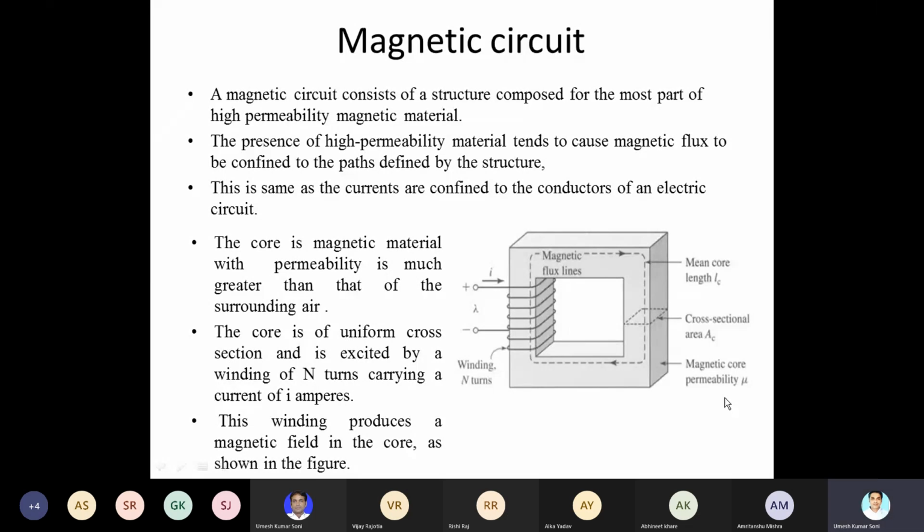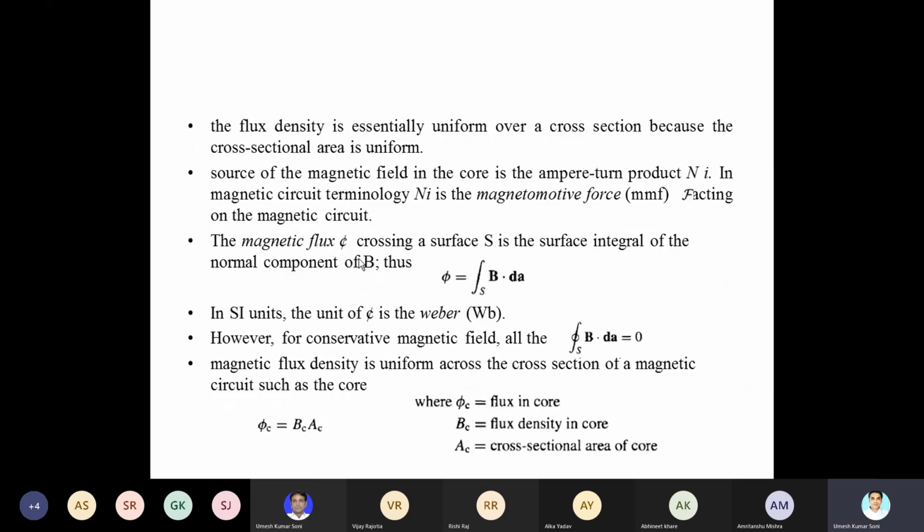The permeability of the magnetic material, suppose a ferrite core or iron, is very much higher than air. Air has very low permeability, so it will try to limit the flux. Various assumptions have been made: the cross section is uniform throughout the traveling path, and flux density travels in the uniform cross section of magnetic material.